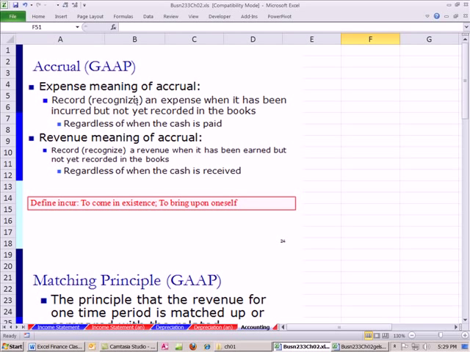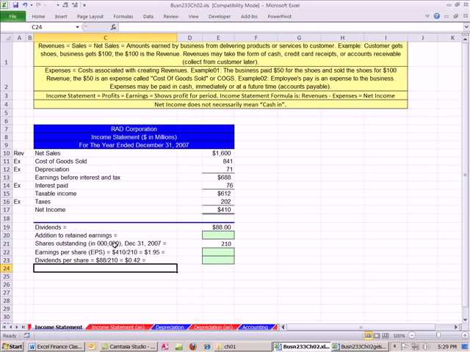But if you don't pay it for 30 days, there's a disconnect between when the expense is recorded and when the cash goes out. For us, in this textbook in the finance class, we'll only have a discrepancy between when the cash moves and when we record the expense for depreciation.